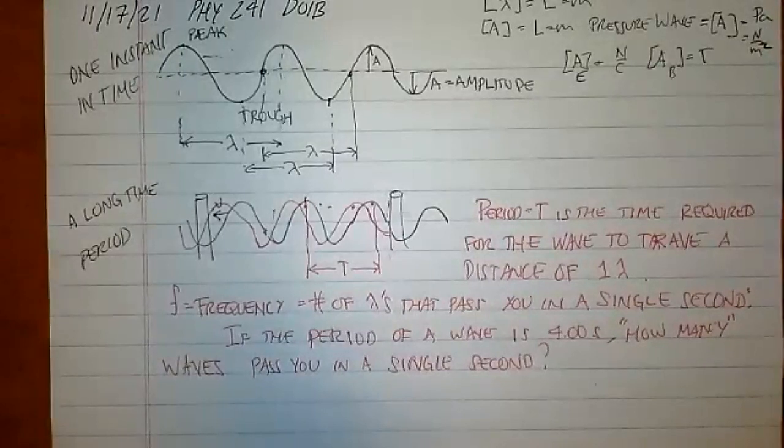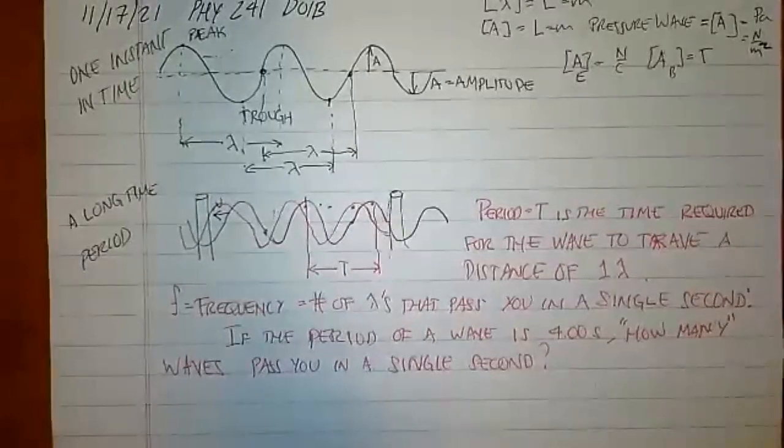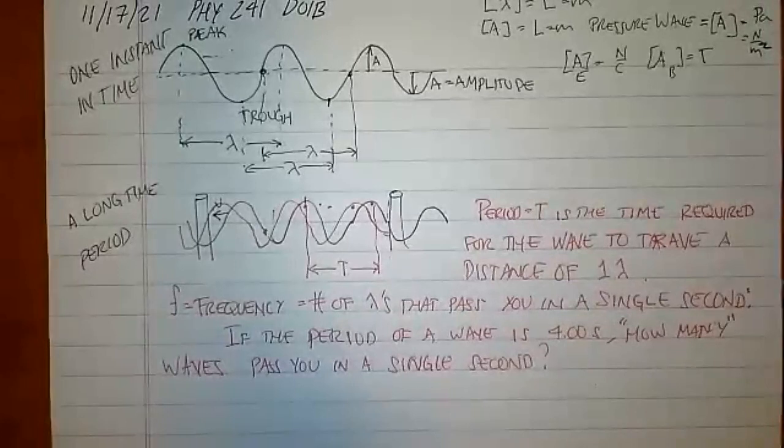Are you guys even there? I'm thinking. Okay, could you say that a whole wave should pass you in a single second? No. Can you tell me what part of a wave might pass you in a single second? It's moving at constant speed.